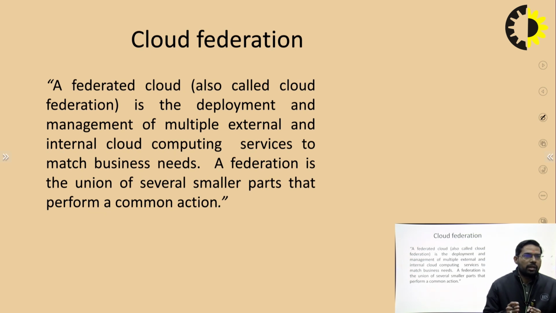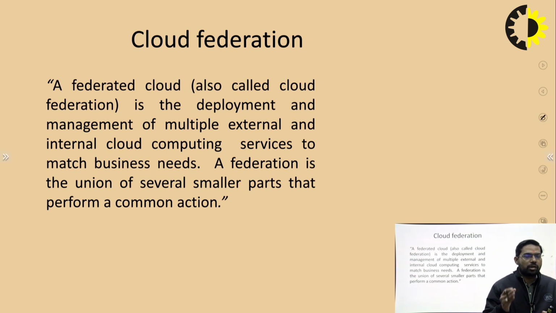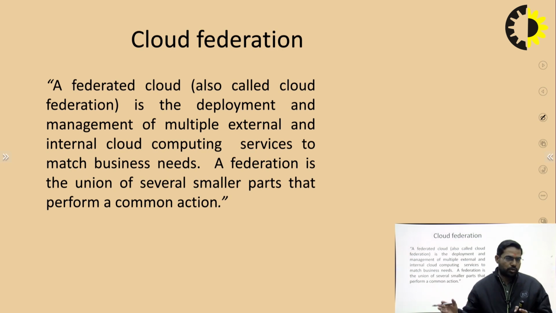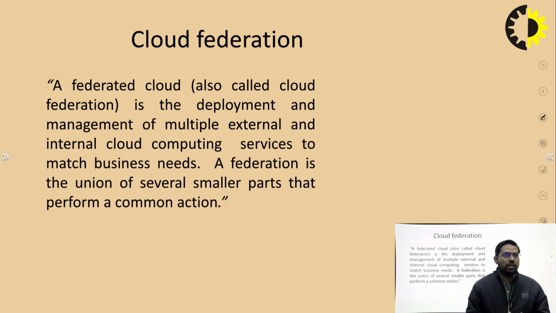Just like we are working together from the smaller parts, like the divide and conquer method, we have to divide the problem into small solutions, and after that we have to merge them. So a federation is the union of several smaller parts which perform a common action.